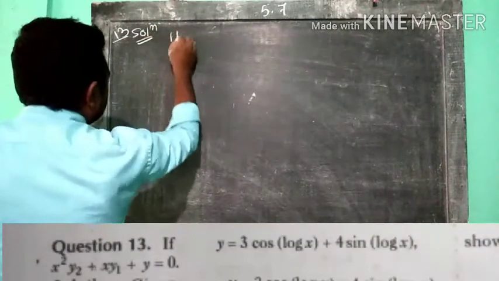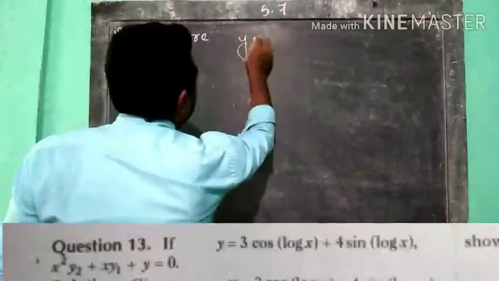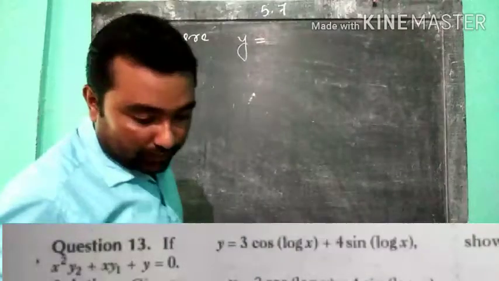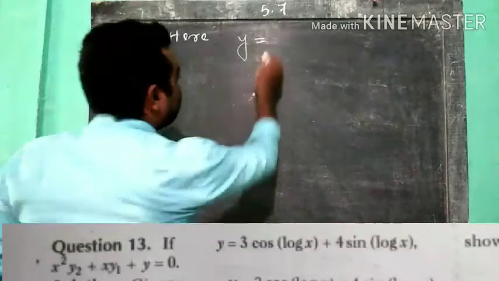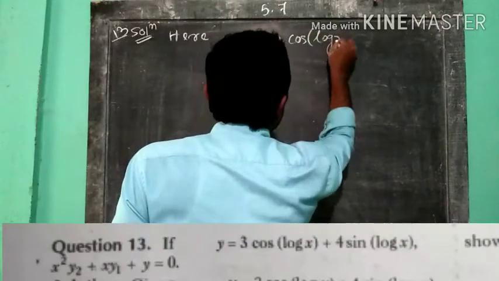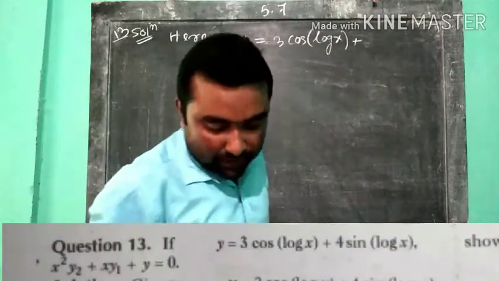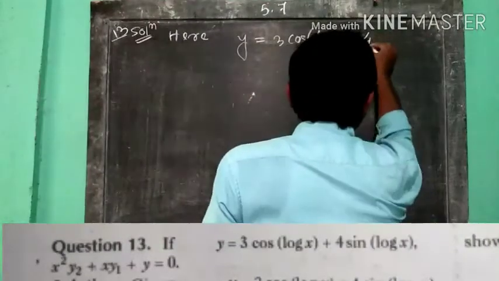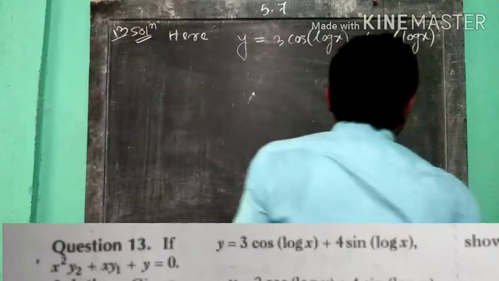Here it is given y equals 3 cos log x plus 4 sin log of x.